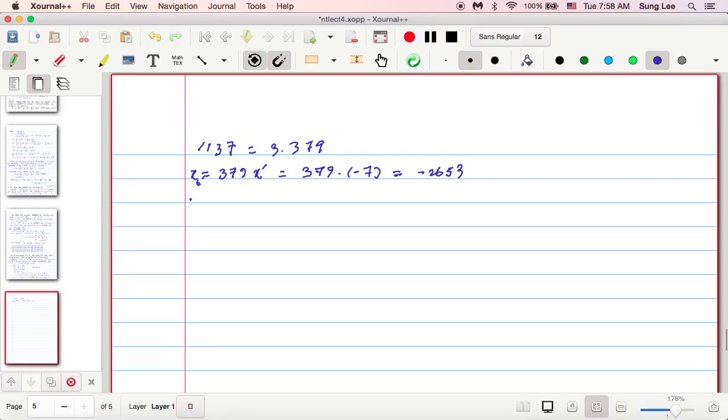And y naught equals 379 times y prime, equals 379 times, I think it was 4, right? So y prime equals 4, and that equals 1516.